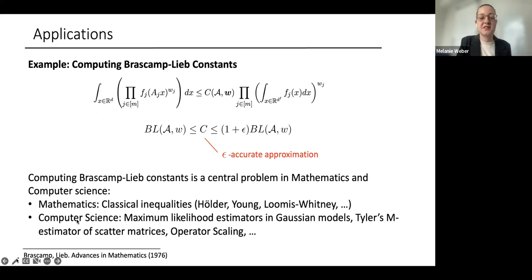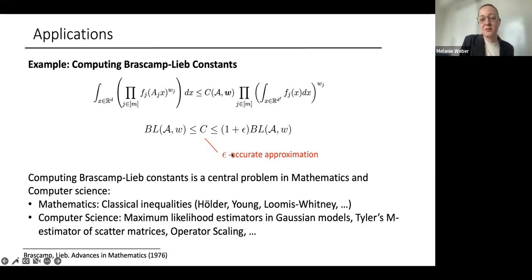And in computer science, there are also problems like maximum likelihood estimators in Gaussian models, or Tyler's M-estimator, that are of a very similar form or have very deep connections to this problem. Essentially, when we say computing Brascamp-Lieb constants, what we want to do is to compute the smallest constant for which this inequality is fulfilled.